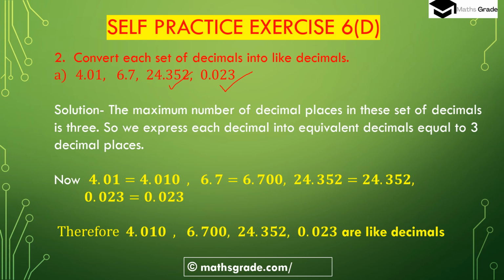So 4.01 equals 4.010. Now this is an equivalent decimal with 24.352, as there are three digits after the decimal point.